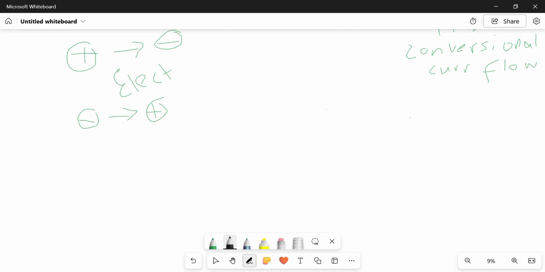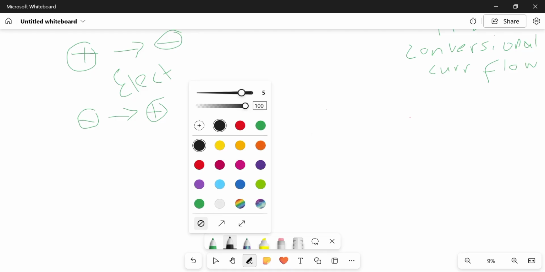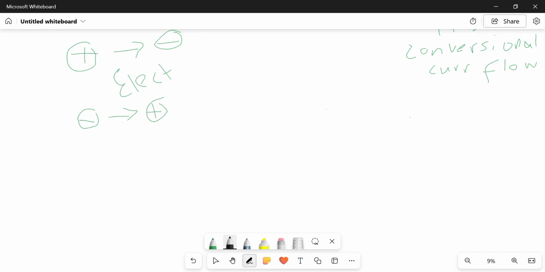So a complete circuit has four components. Sorry about that if I'm misleading you guys. If you can check here, if I may draw, I'm using a black one.